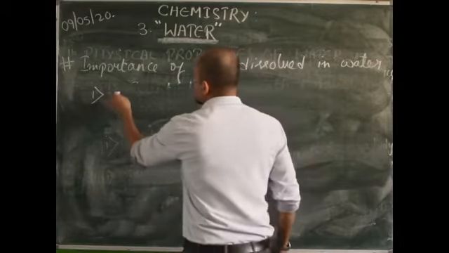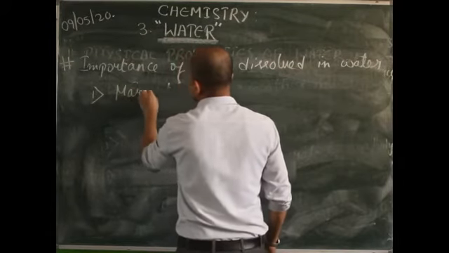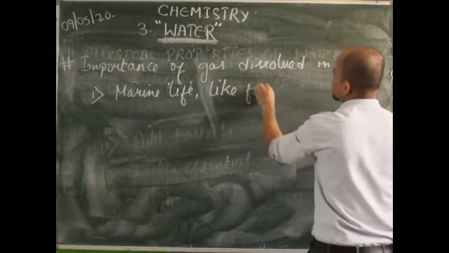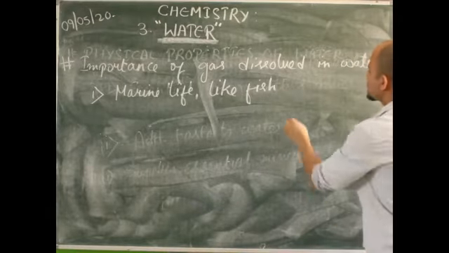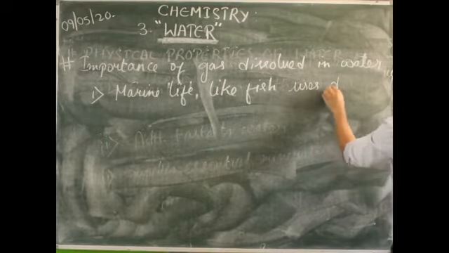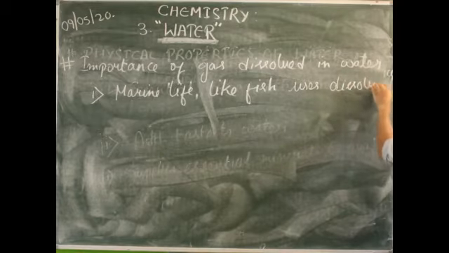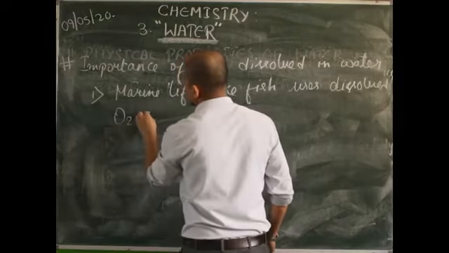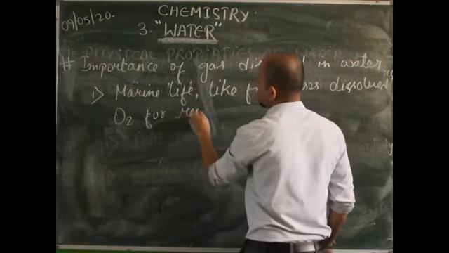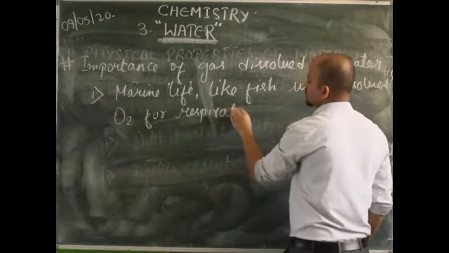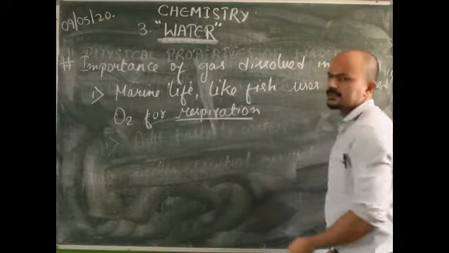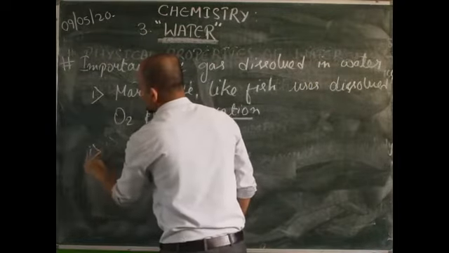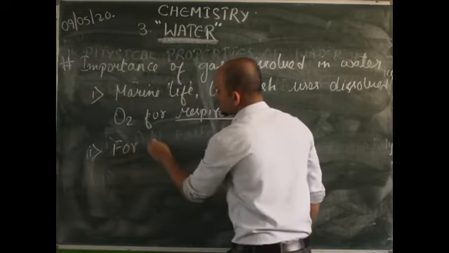So the first one is marine life, like fish, uses dissolved oxygen for respiration. This is the first importance, for respiration of marine life. The second one is for photosynthesis.